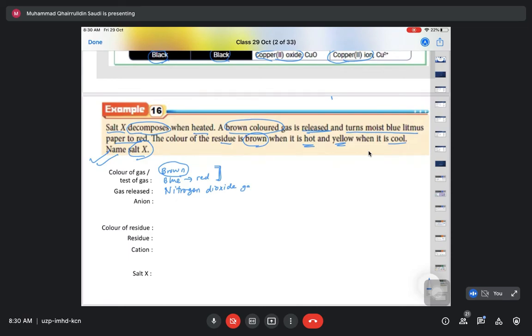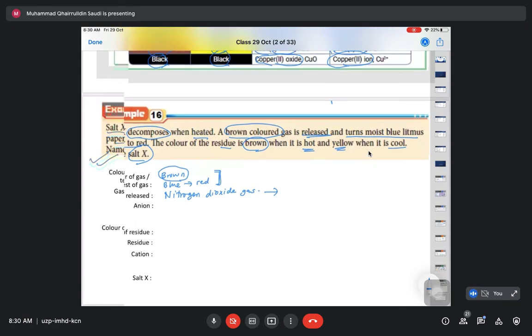So bila nitrogen dioxide gas yang produce, apakah anion dalam salt kita? Dia datang daripada salt apa? Nitrogen. Anion. Carbon dioxide. Astaghfirullahalazim. Tengok balik dekat atas.